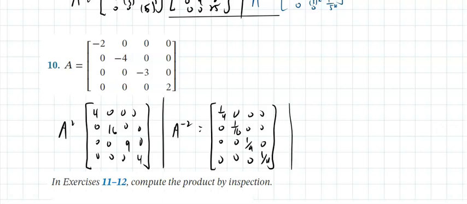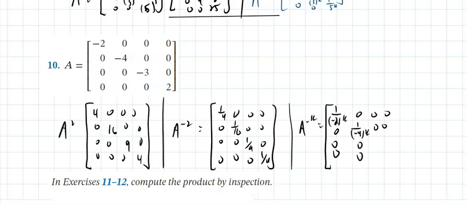And of course, if I want to take a to the negative k, that's simply 1 over negative 2 to the k, and 1 over negative 4 to the k, and 1 over negative 3 to the k, and 1 over 2 to the k.